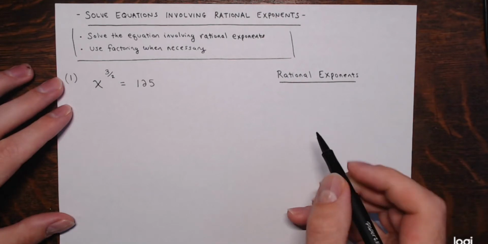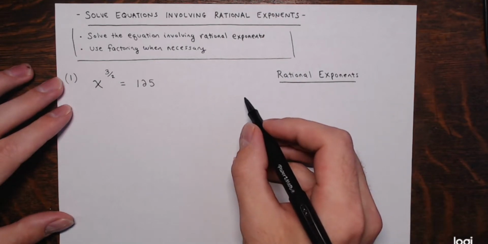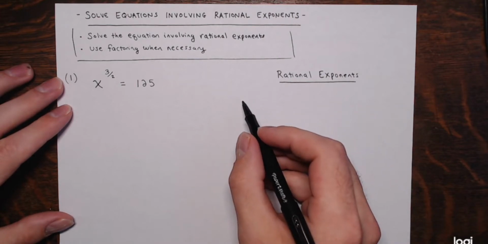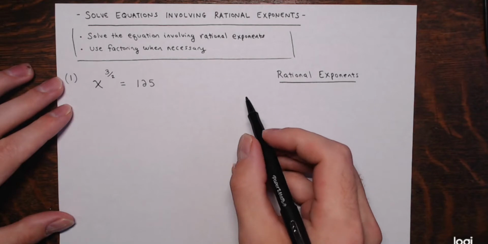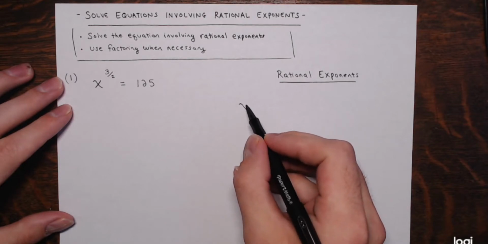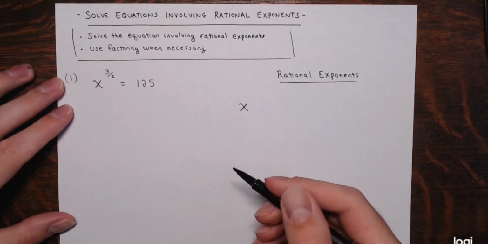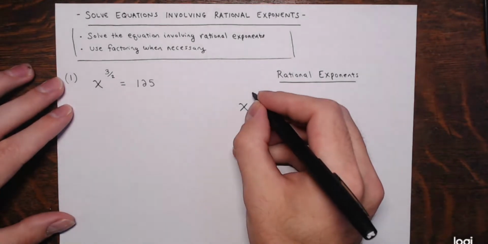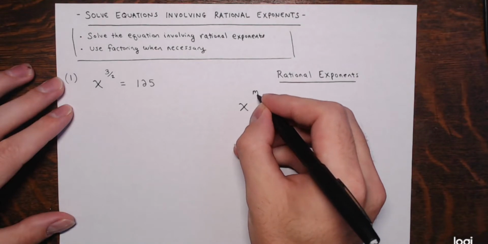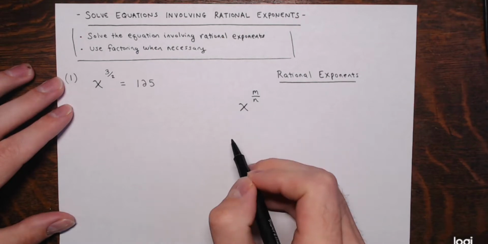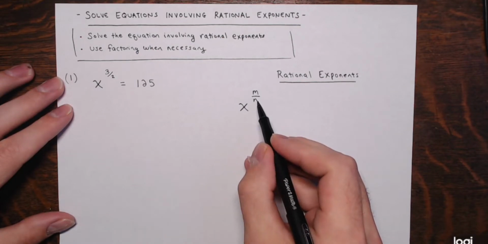Hopefully you recall from a previous video or previous lessons in other algebra courses or through your reading, that if you take a number, I'm just going to use x because most of these will have the variable x in it, and raise it to a fraction power, the m over n power, where m and n are integers and n is not 0. We can't have a denominator of 0.